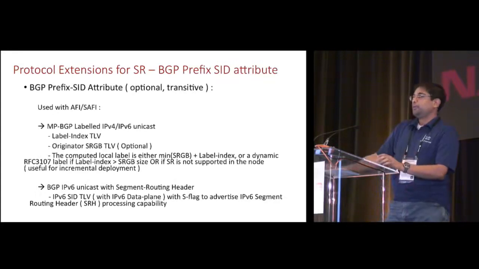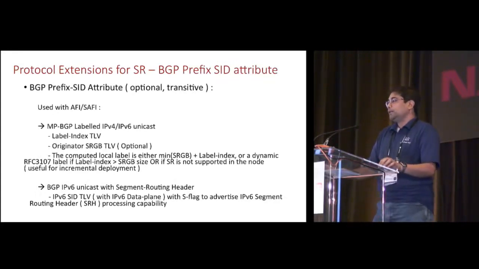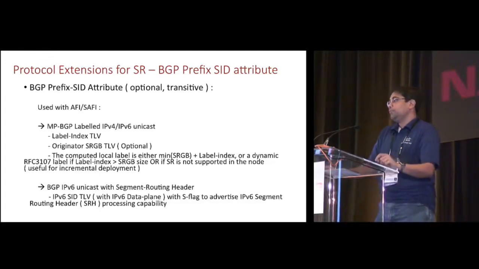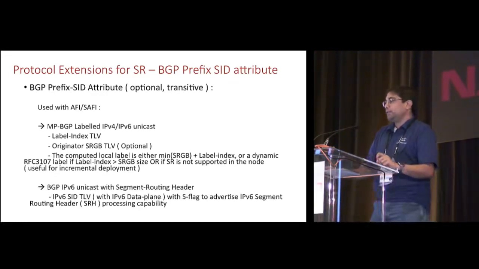So these are the protocol extensions which you need for having BGP segment routing. If you are using it with MPLS data plane, there are a couple of TLVs proposed. One is the label index, which is advertised by the originating node, and it remains the same throughout. And there will be an optional segment routing global block.